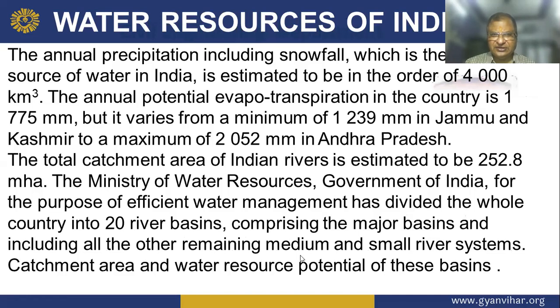The annual precipitation, including snowfall, which is the main source of water in India, is estimated to be of the order of 4,000 cubic kilometer, and the annual potential evapotranspiration in the country is 775 mm, but it varies from a minimum of 1,239 mm in Jammu and Kashmir to a maximum of 2,058 mm in Andhra Pradesh.